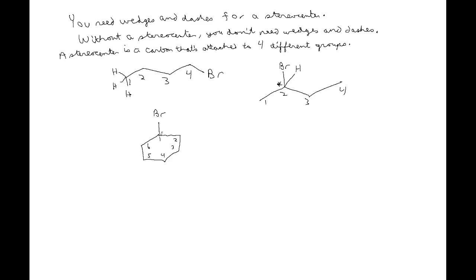Is carbon 1 a stereocenter in this molecule? No, because if you travel the clockwise path, you would meet exactly the same types of atoms as if you travel the counterclockwise path. There's no difference between the clockwise and the counterclockwise paths, so there's no stereocenter here.